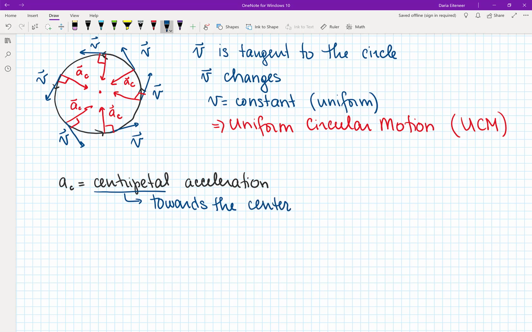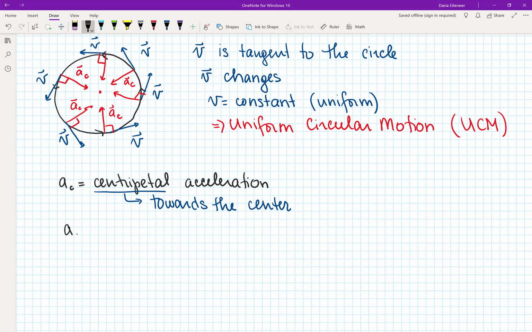Don't confuse this with centrifugal. The word centrifuge is probably familiar to you, so I'm not going to talk about it right now, but later down the line, after we have discussed forces, we're going to see what the difference between centripetal and centrifugal is. So centripetal acceleration.